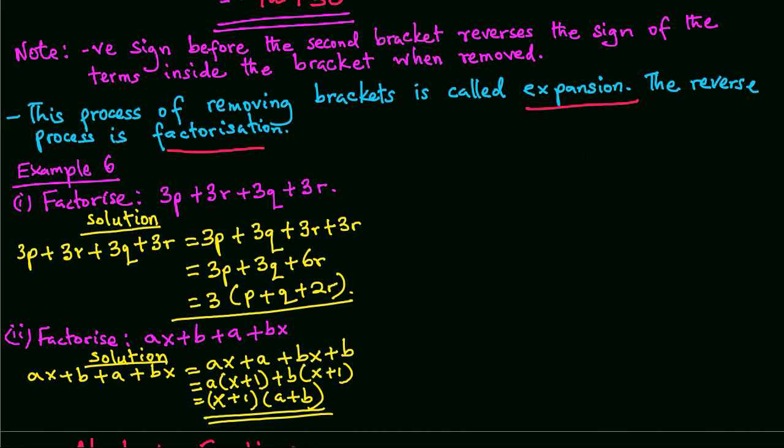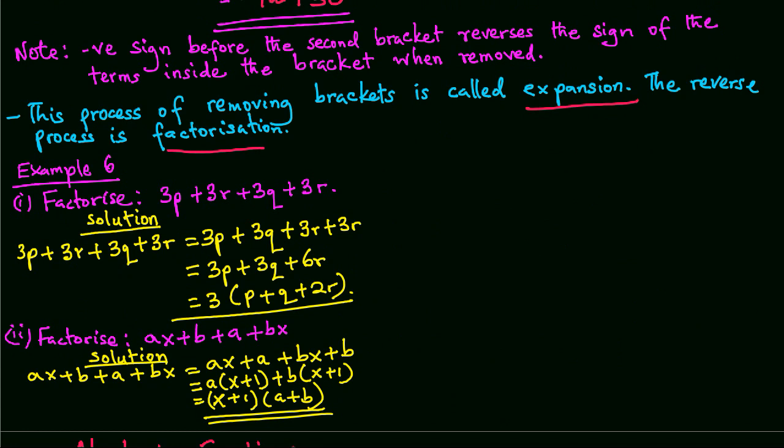So we have in example 6, Roman 1, we are required to factorize 3p plus 2r plus 3q plus 3r. So in our solution, what is important here is that in factorization, we always look for the common factor in all the terms.